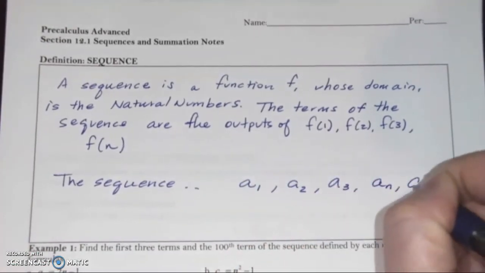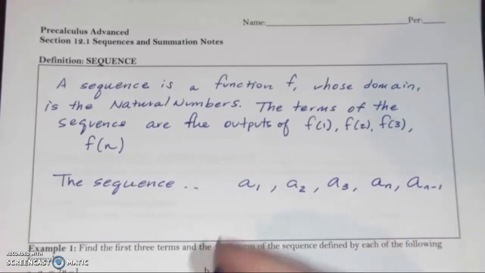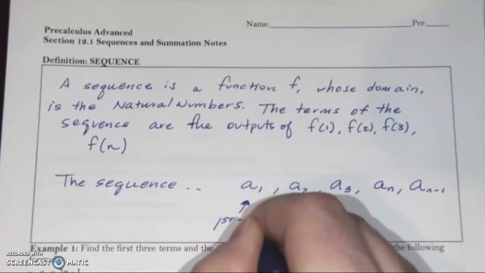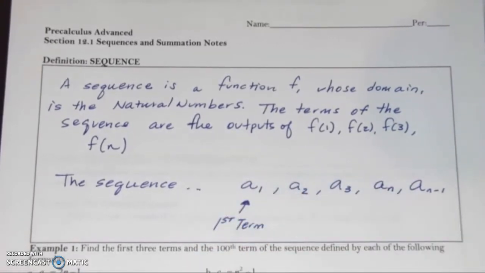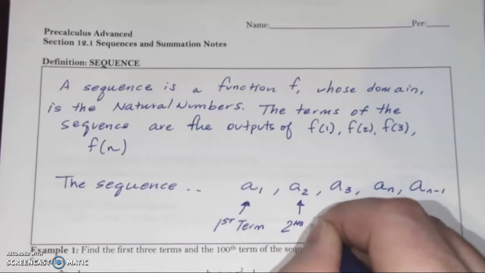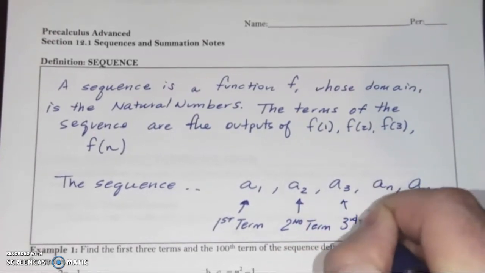a sub n minus 1. We'll talk about what those mean. When we say a sub 1, this means the first term of the sequence. This would then be the second term. This would be the third term.